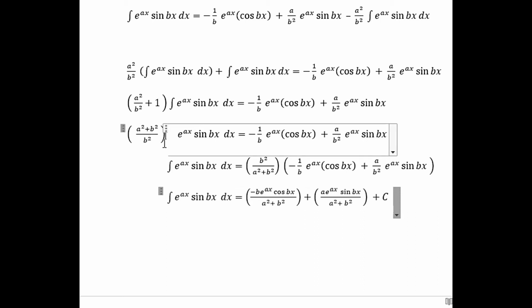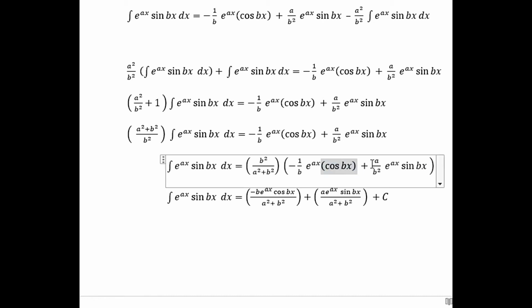So we move this across, so the integral of e to the ax sin bx dx equals b squared over a squared plus b squared, in brackets negative 1 over b e to the ax cos bx plus a over b squared e to the ax sin bx.